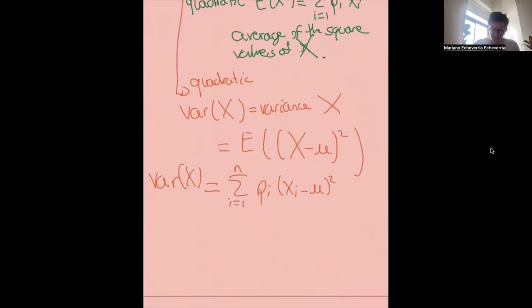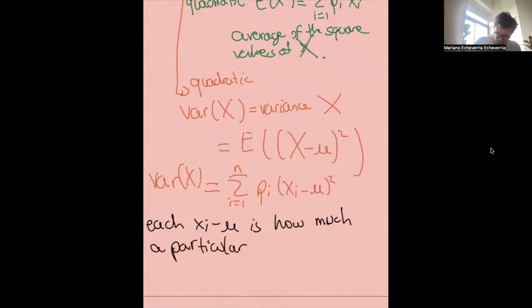Is that making sense? So each x_i is the value, and in a particular value of x, how much it differs from the average, or from the expected value.